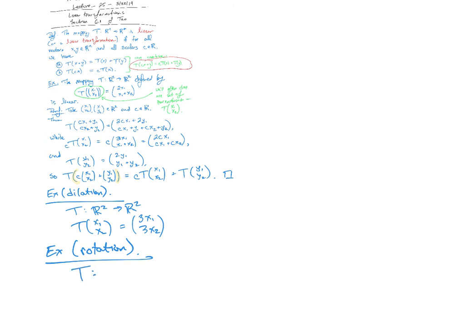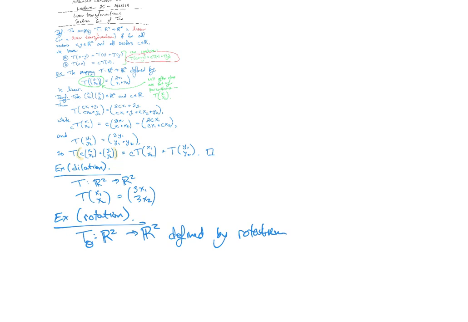Let's look at T from R2 to R2. In fact, let's do one of these for every theta. And now let's say that this is the map defined by rotation by, say, theta radians counterclockwise.